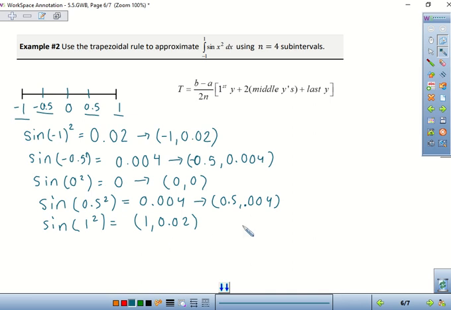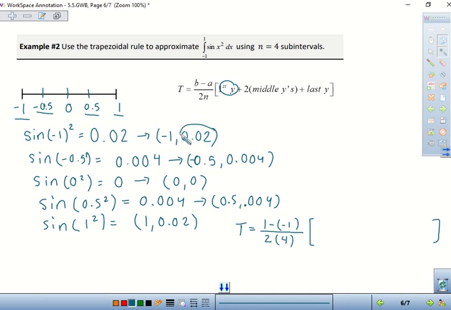So the formula is going to be t equals b minus a. That's going to be your bigger, like the top, minus the bottom here. So it's going to be 1 minus -1 over 2 times n, which they give us is 4. That's the number of rectangles. And then for the rest of the problem, it's the first y value.